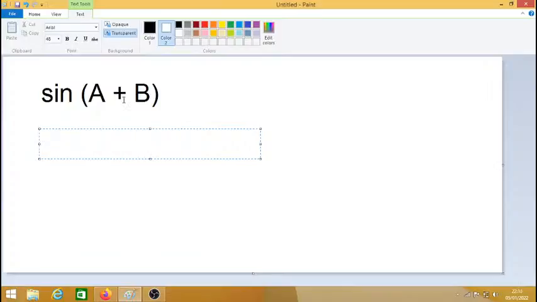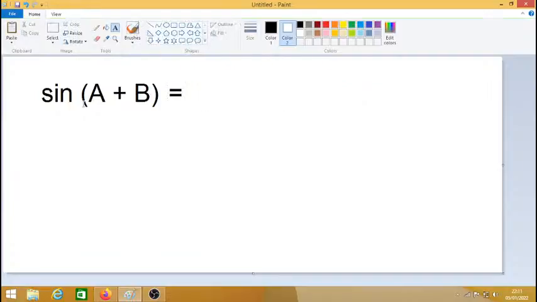We can work out the sine of those two angles added together, but in a way where we just work out the sine of each angle by itself rather than looking at the sum. In other words, we can split it into each separate angle.